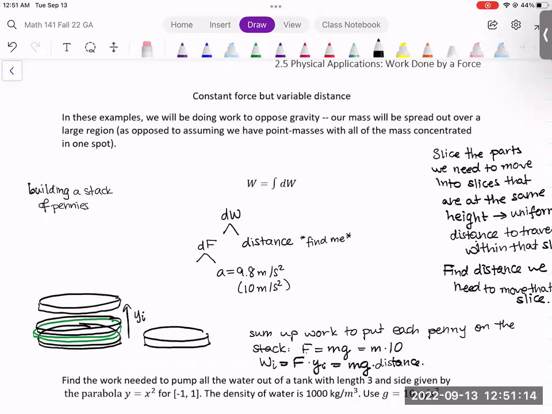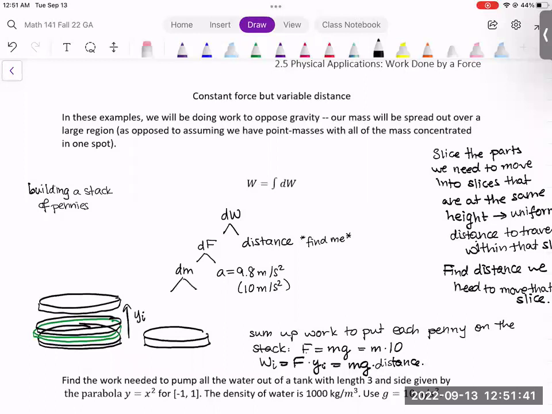So we have mass times acceleration. This little force is little because our mass is little, and so I'm going to write this as dm, just a little mass. Think about the mass of your penny. If we had individual masses like this, we could leave it here, but usually we're not going to have this kind of information.